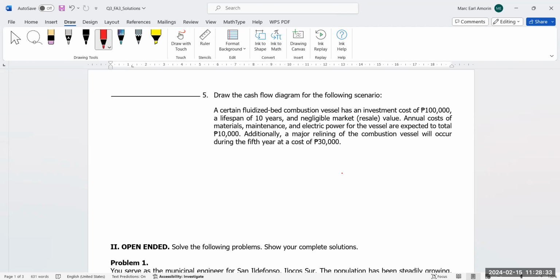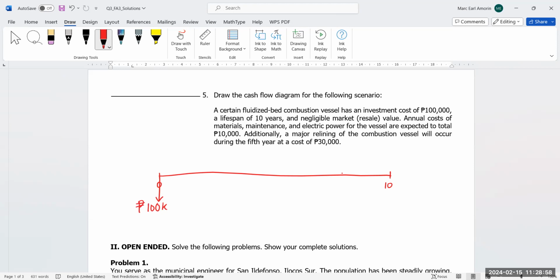So if we draw our cash flow diagram, okay, so our time scale would be from year 0 up to year 10. Okay, so at year 0 or at the present, we are going to invest 100,000 pesos. Okay, so meron tayong downward cash flow here at the beginning.